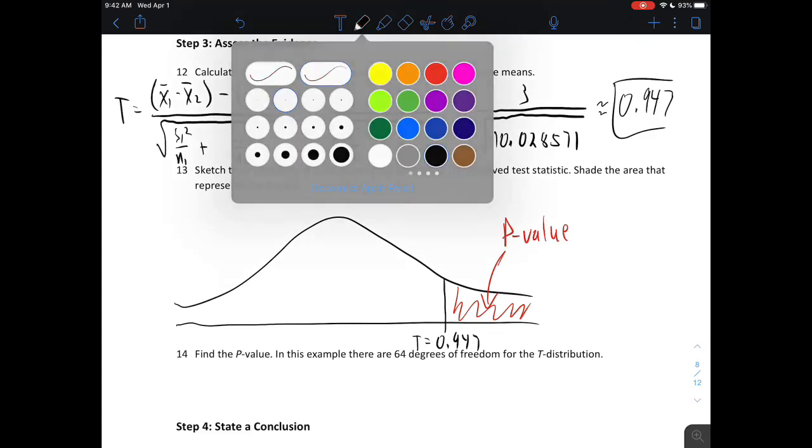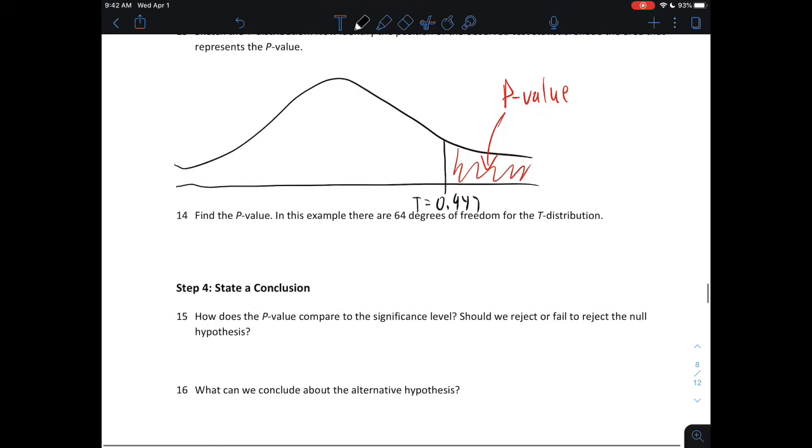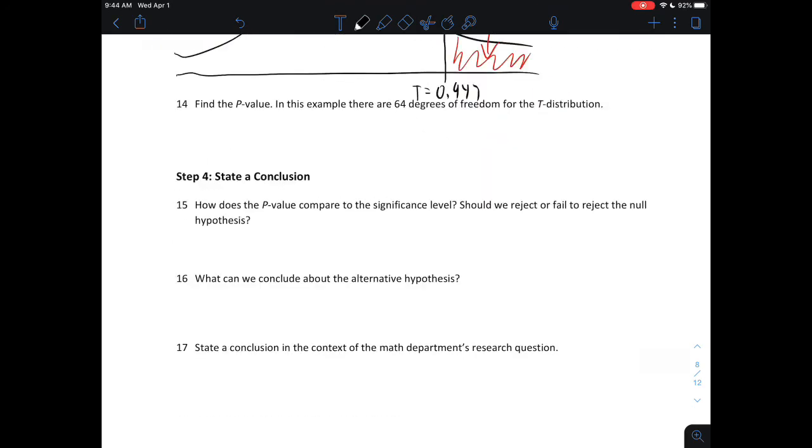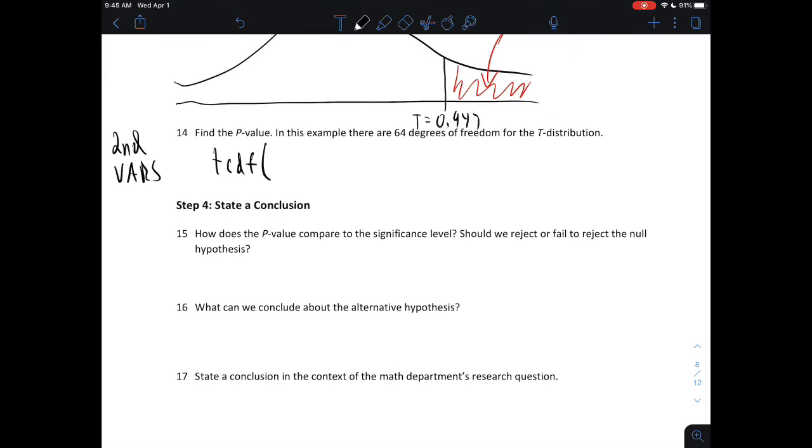And then finally, number 14, find the p-value. In this example, there are 64 degrees of freedom for the t-distribution. So we're going to find this p-value just like we did before, second, vars, and then tcdf on our TI-84. You have to put in your lower t-score, which for a right-tail test would be our t-score 0.947.